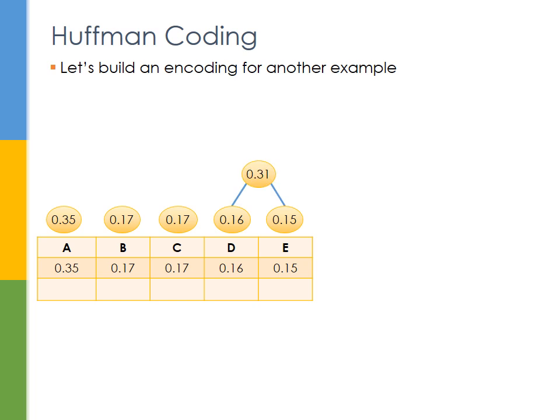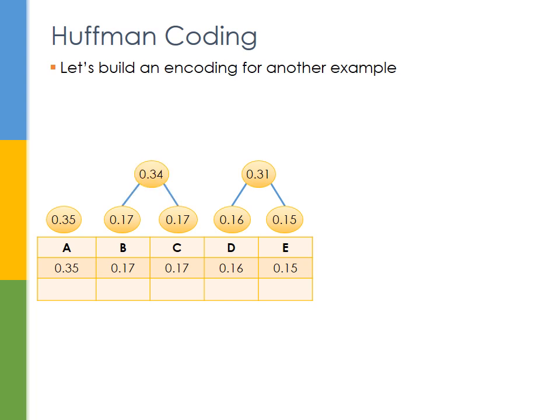We select the 2 lowest probabilities, for symbols D and E, being 0.16 and 0.15, and we merge those together into the parent node containing the cumulative probability of 0.31.